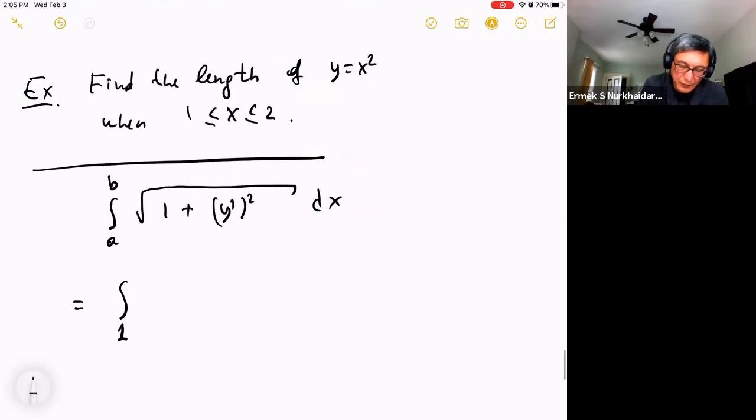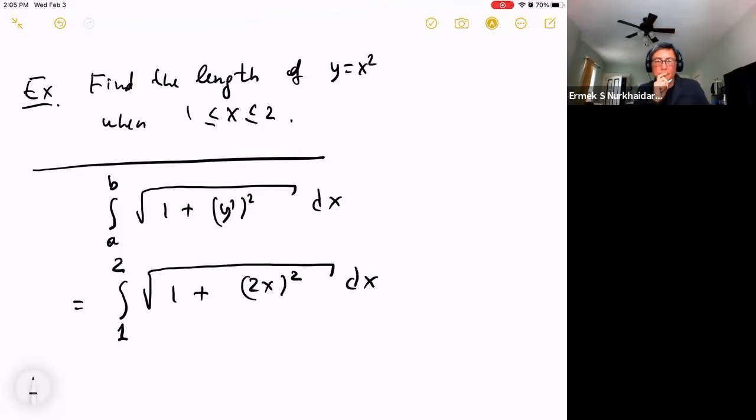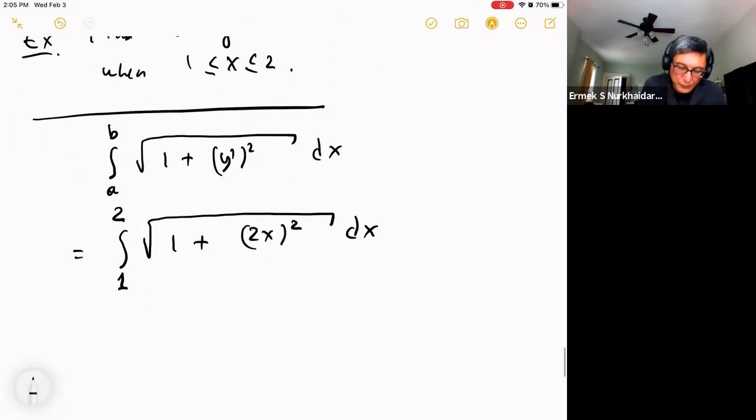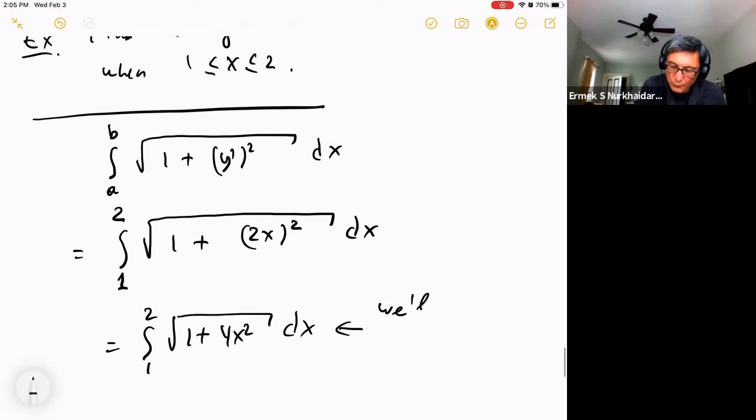So we know we start integrating at 1, finishing at 2, square root of 1 plus the derivative of x squared, which is 2x, squared. Okay. So we get the integral from 1 to 2 of square root of 1 plus 4x squared dx. And we'll do this integral in about 2 weeks.